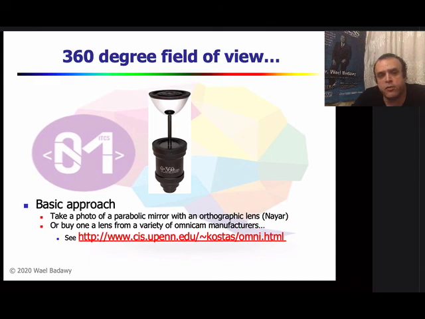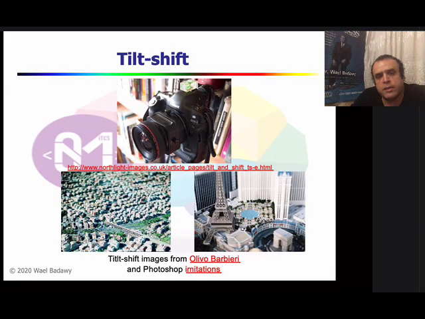There is also the 360 degree field of view as well, and we can take photos of 360 field of view, and you have here in front of you a device which can take these particular images. In this slide we also talked about the tilt shift, where you can see 2 images, and the one to the lower right hand side is actually of Vegas, where you can see more information but not in the same perspectives.